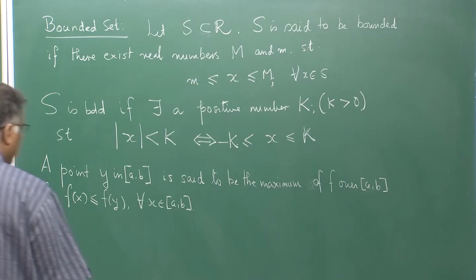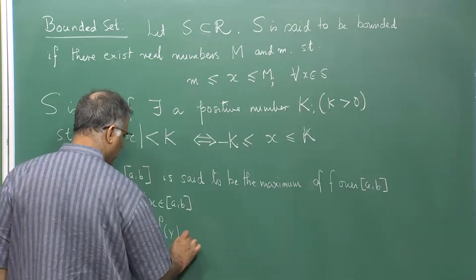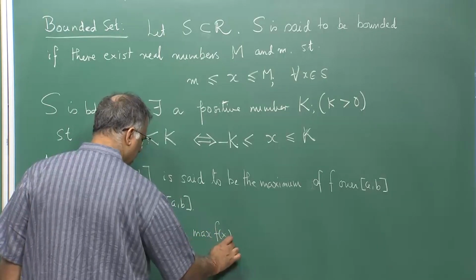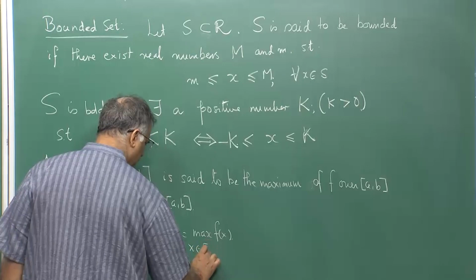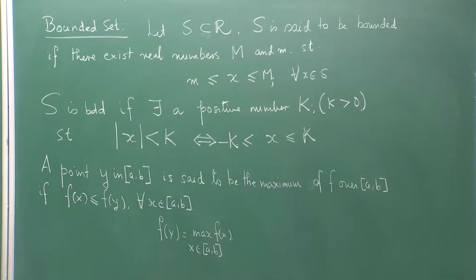Sometimes we write this as f of y is equal to the max of f of x, x an element of [a, b]. This is another notational way of writing what we have just written down.